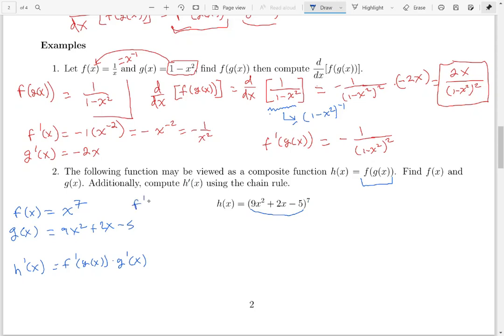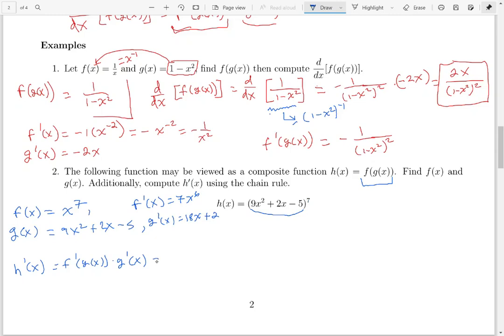So, what's f prime? F prime is just going to be 7x to the 6th power. And g prime is 9 times 2, or 18x to the 1st, plus 2 minus 0.